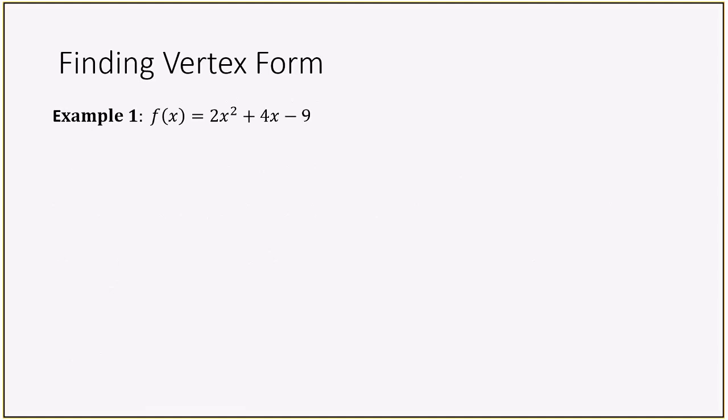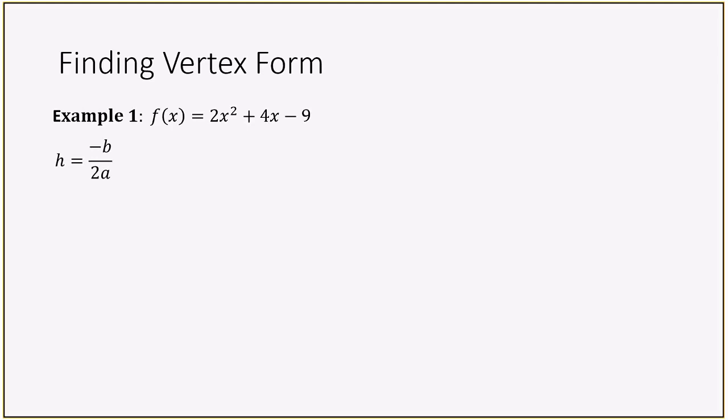It's actually not too terrible of a process. Here's something in general form that I want to get into vertex form. I do that by finding my h. My h is negative b over 2a. The b term is always what's in front of the x, and the a term is always what's in front of the x squared.